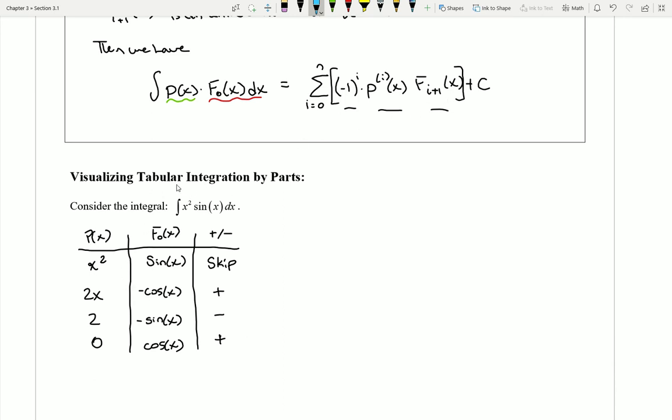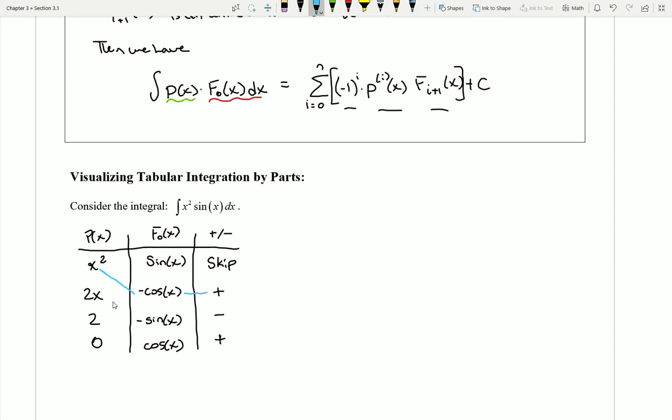I'm going to find the 0th item that comes out of this summation. First, I'm going to have 0 derivatives. That's this guy right here, 0 derivatives of p. And I'm going to link that together with the first antiderivative of my starting f. Then I'm going to multiply that by -1 to the 0th power, which would be a positive 1.